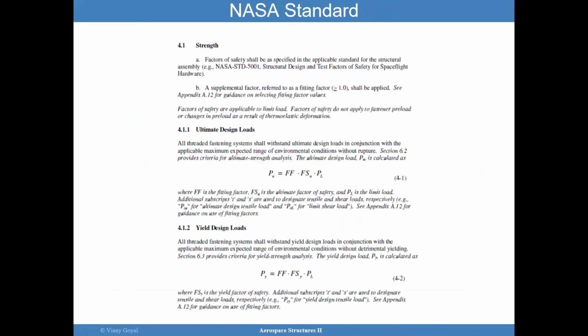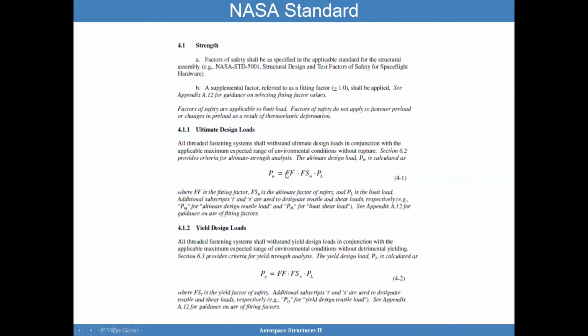NASA 5020 is going to go through strength requirements, is going to specify factors of safety, ultimate design loads that should be considered. And typically in these calculations, the ultimate design load for P is calculated by including something called a fitting factor. And the safety factor is applied, and then you have the limit load applied.